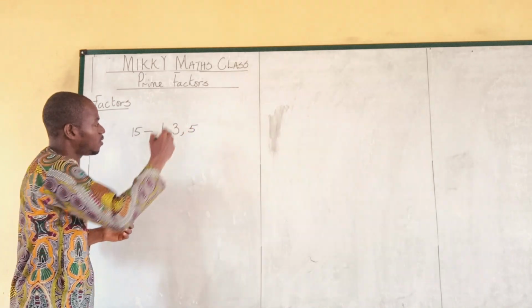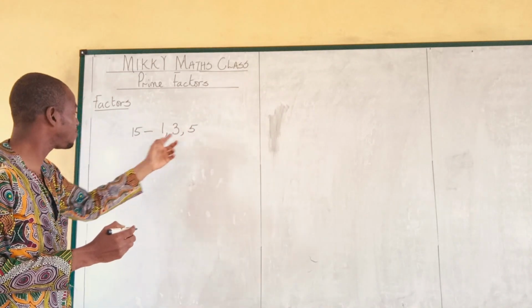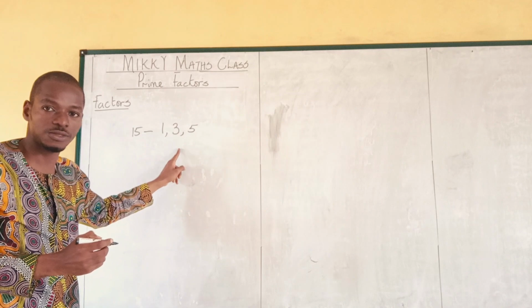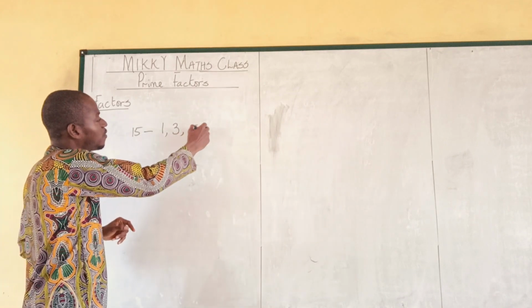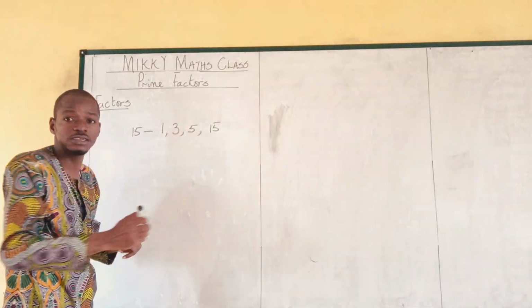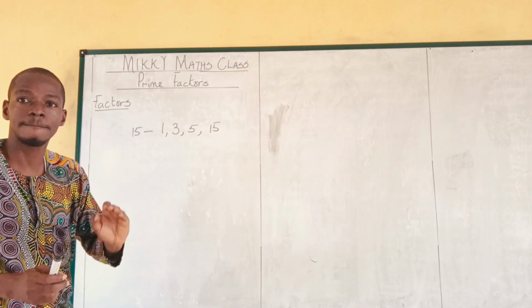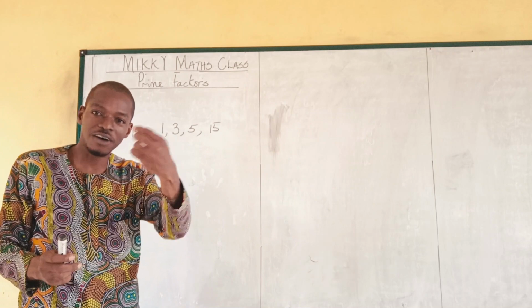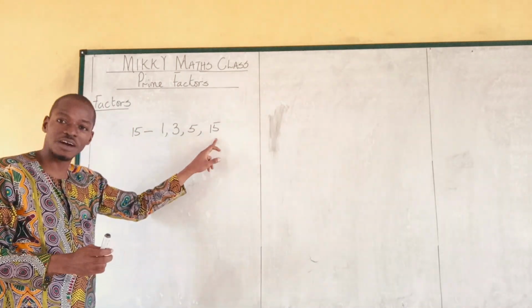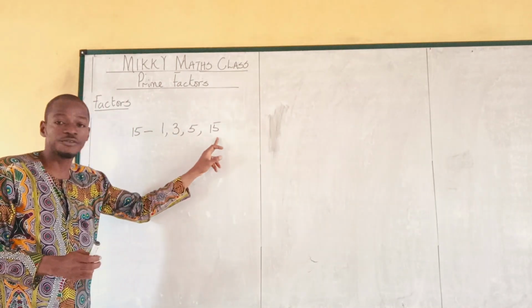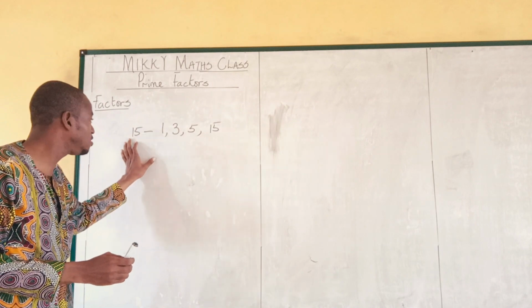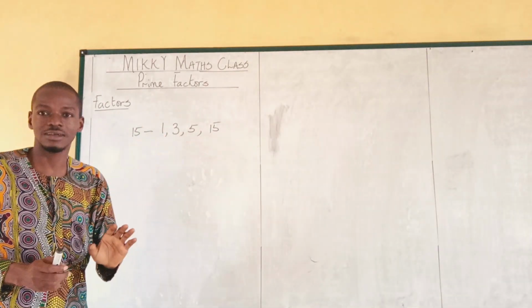The next factor is 5, because 5 will cut into 15 to give me 3. And the last factor of 15 is 15 itself. So 1 is a factor of every number. The number itself is a factor of itself. 15 is a factor of 15, because 15 will divide 15 to give me 1.